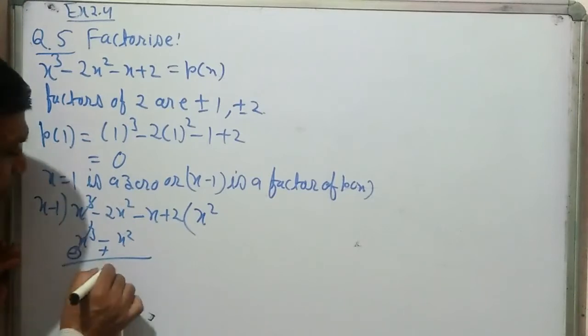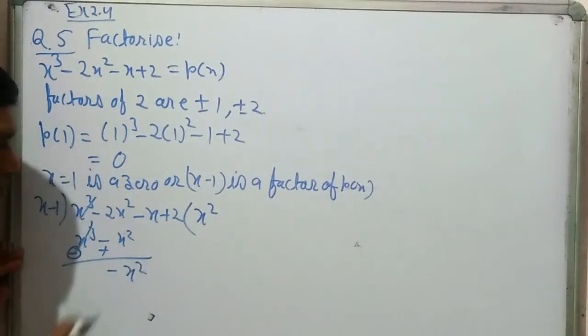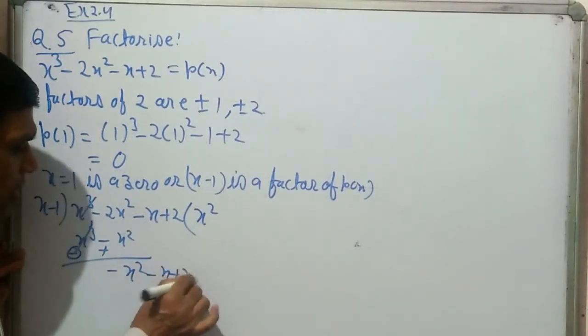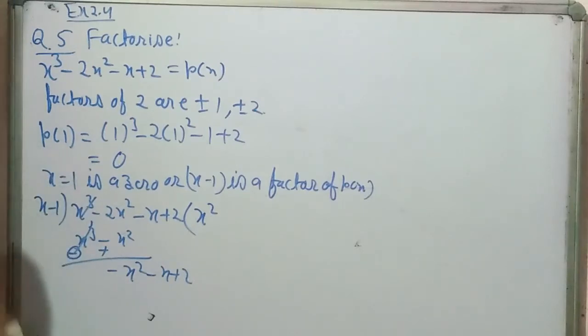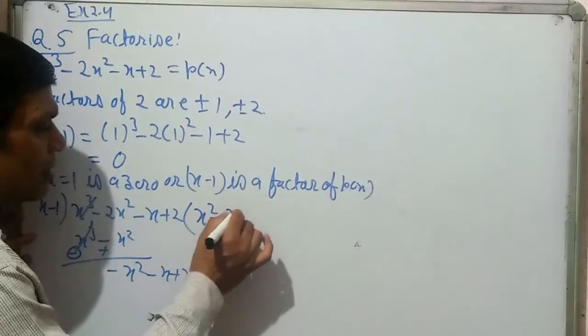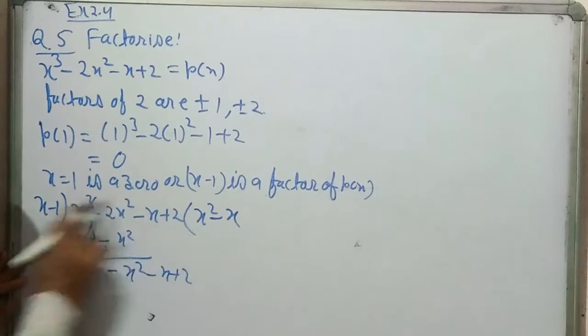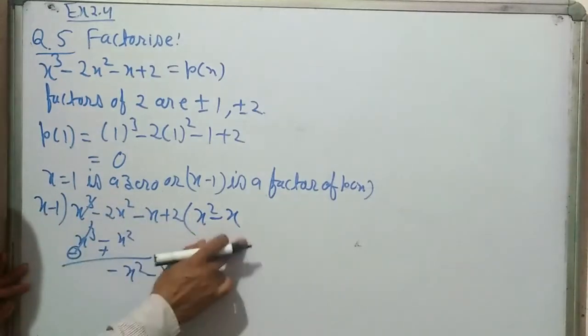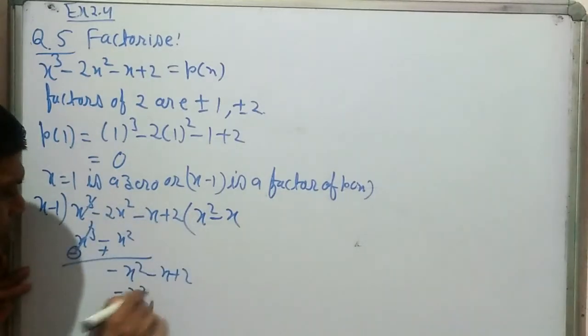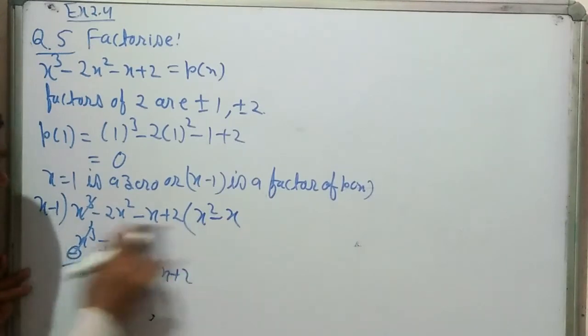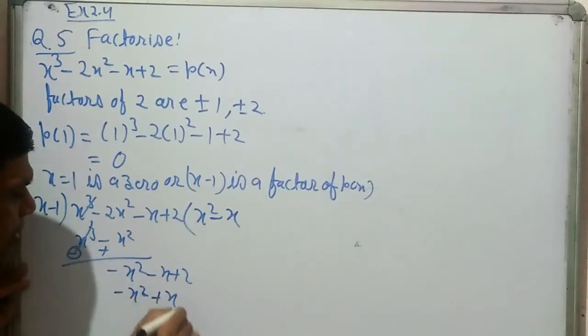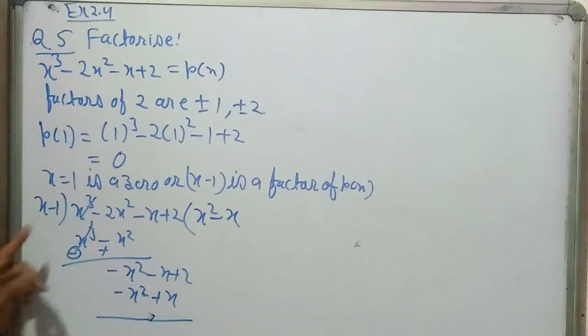Minus 2 plus 1, negative x square. Copy down negative x plus 2. Negative x square upon x, negative x. Negative x into x, negative x square. Negative x into minus 1, positive x. Minus into minus, plus.